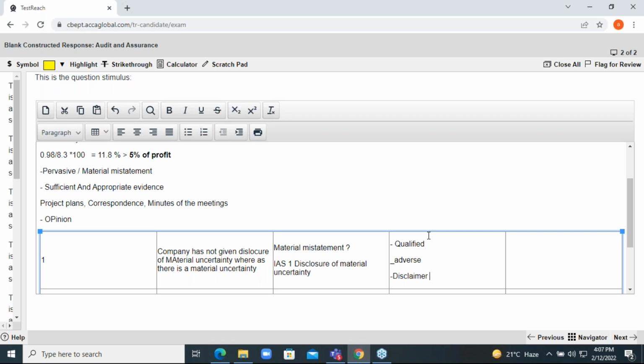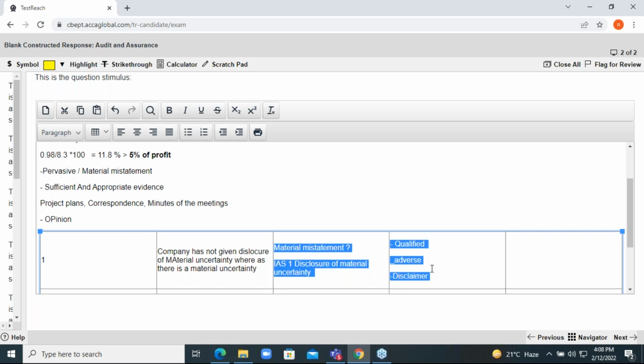As there is a material uncertainty regarding going concern, normally this is a disclosure, and disclosures are normally considered as material misstatements. Since it is a material uncertainty, normally it is considered a material issue, not a pervasive one. So, the opinion for this type of issue will be qualified.